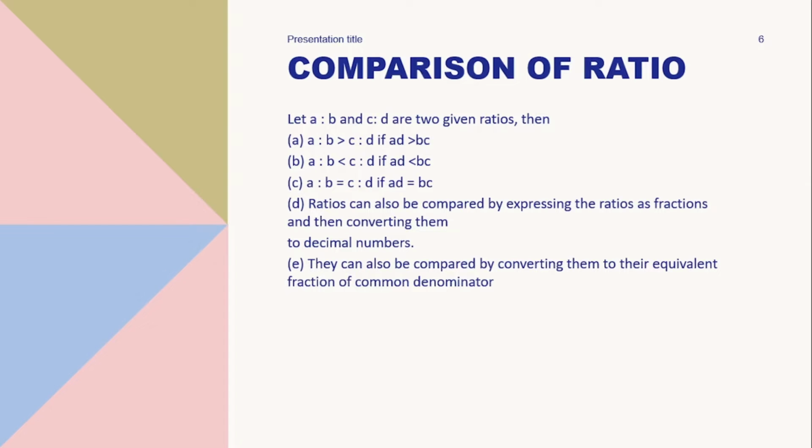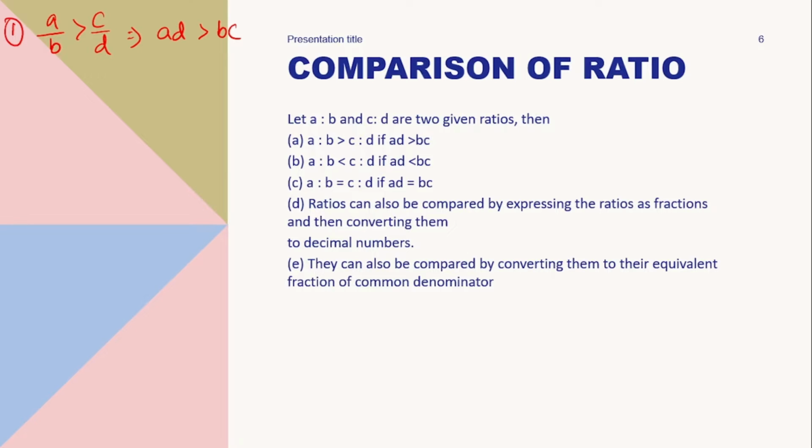Comparison of ratios. Let a is to b and c is to d be two given ratios. The first part says that a is to b is greater than c is to d. I can write it as a by b greater than c by d, so I can also write it as ad greater than bc. Simple cross multiplication.